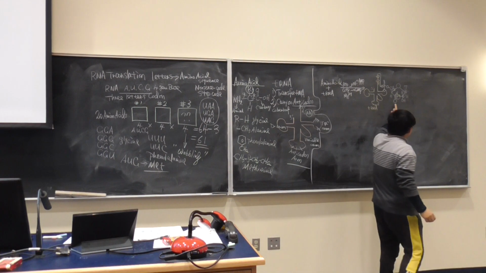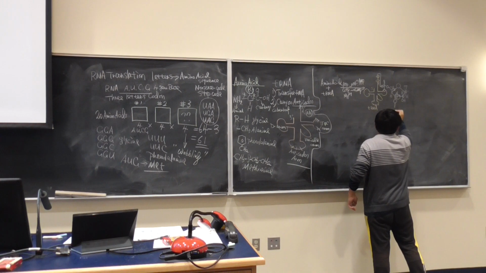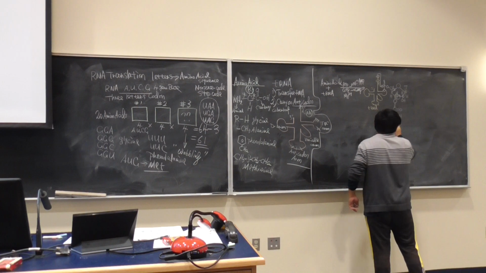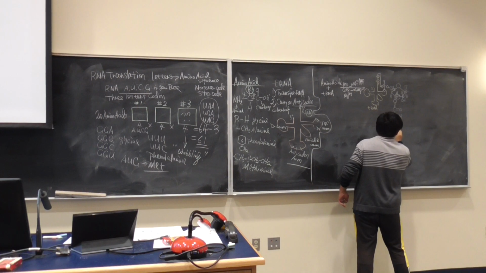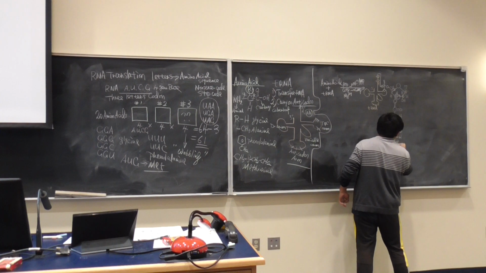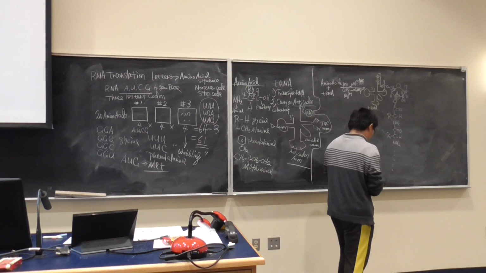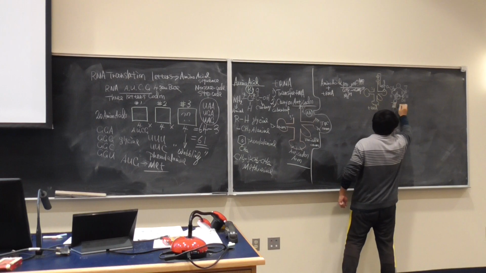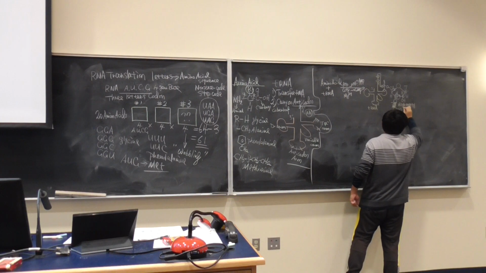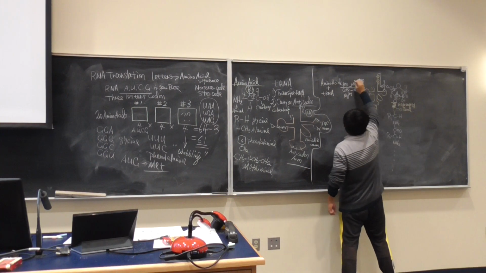Then connected here is an amino acid. We have R, H and NH2, COOH, R1, R2, NH2. This is a high energy bond. That's where the energy comes from.